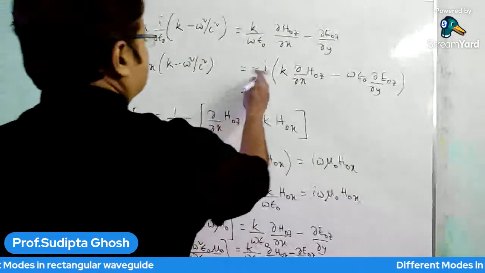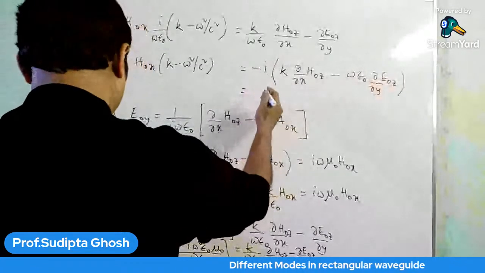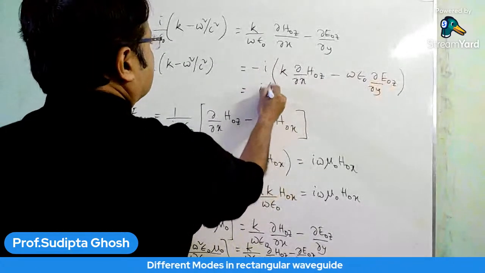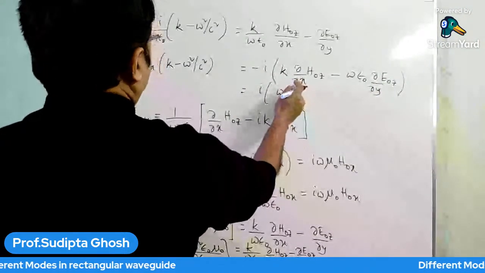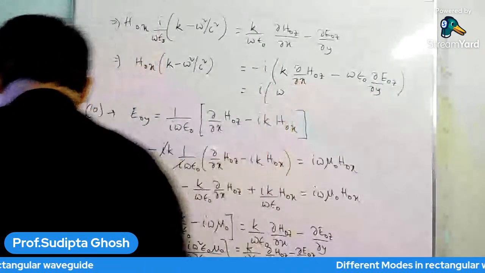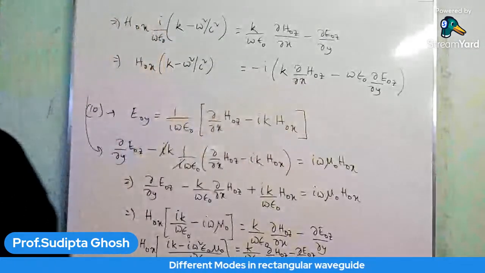Now just multiplying this with the value minus, so we have i, and then omega. Okay, now keep it here as it is.